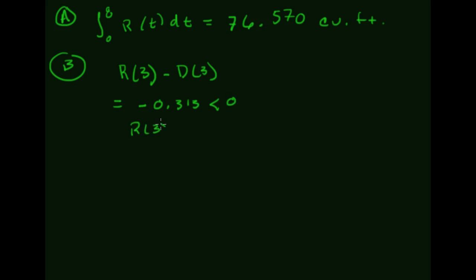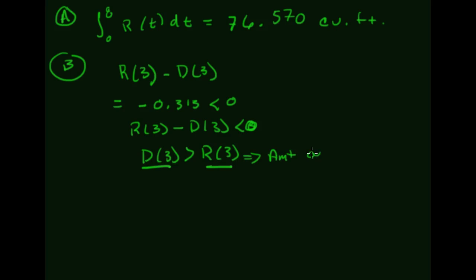So R of 3 minus D of 3 is less than 0, which means that D of 3 has to be greater than R of 3. So we're letting water out faster than water is coming in at time 3. So the amount of water at time 3 is decreasing.